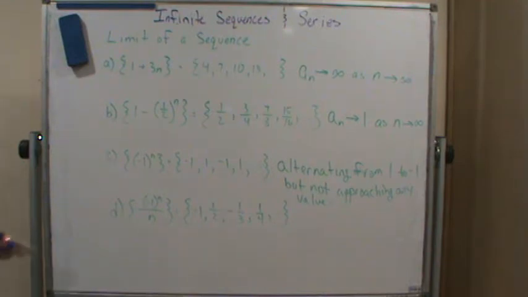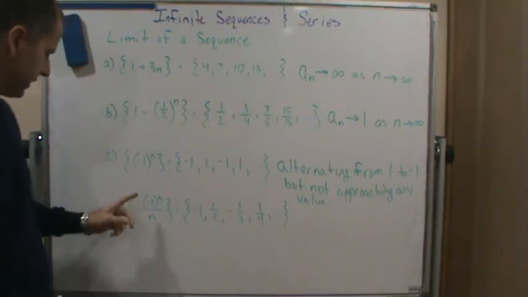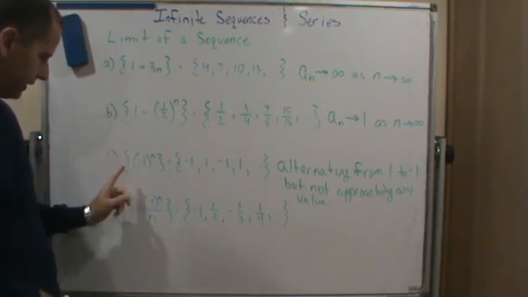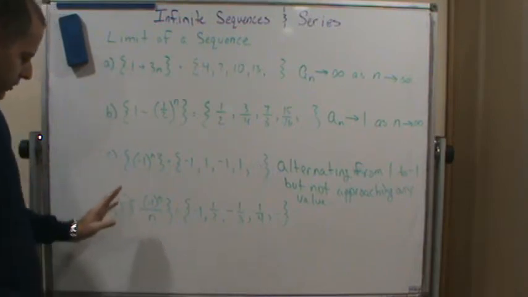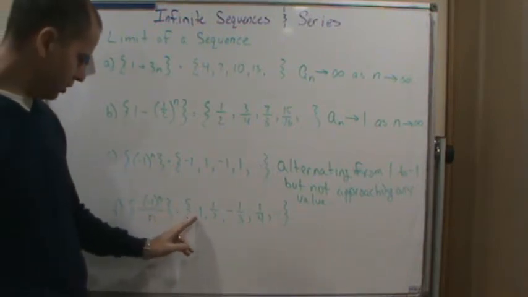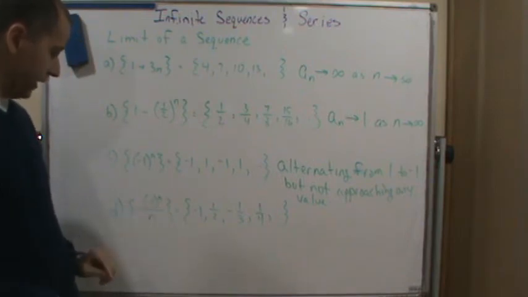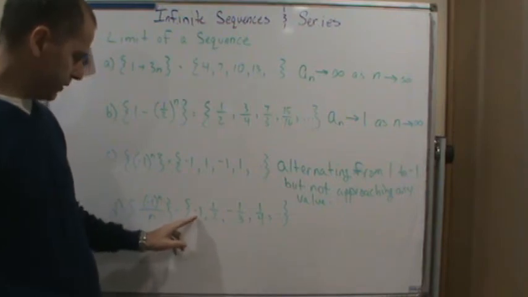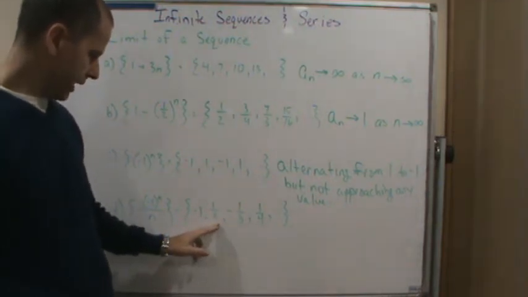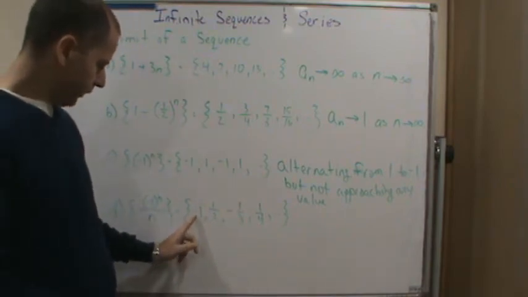Now, what about the last one, D? We're taking the sequence in C and dividing by n. We have an alternating sequence because of the -1 to the nth, but now we're dividing by n. We start with -1, then it goes to 1/2, then -1/3.